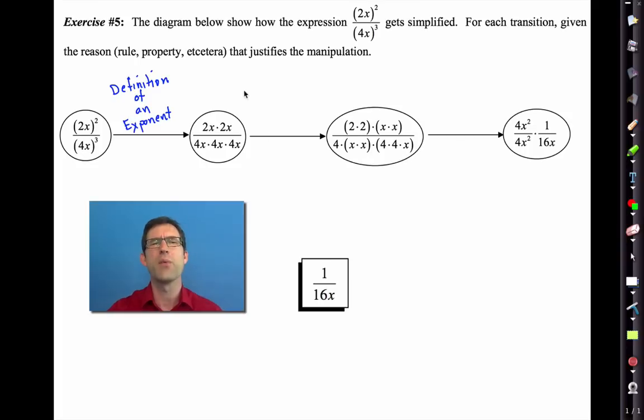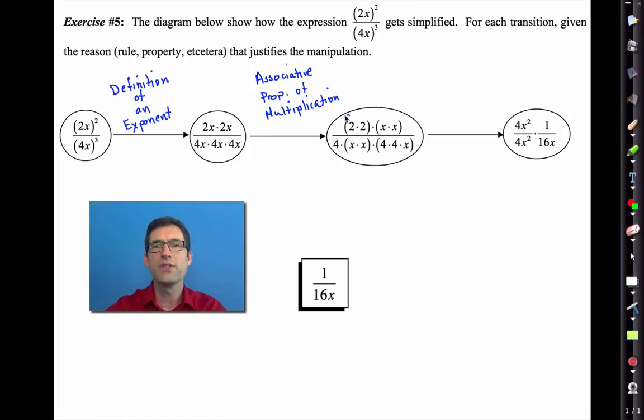But what does that mean when we group multiplication in a different order than what it was originally grouped? That does have a technical name. That's the associative property of multiplication. So being able to rearrange multiplication in any order we want is the associative property of multiplication.